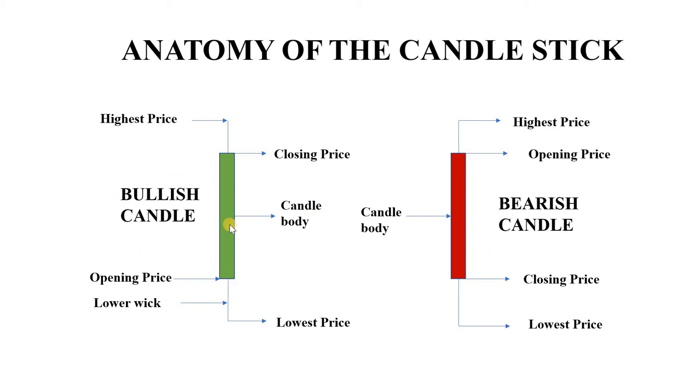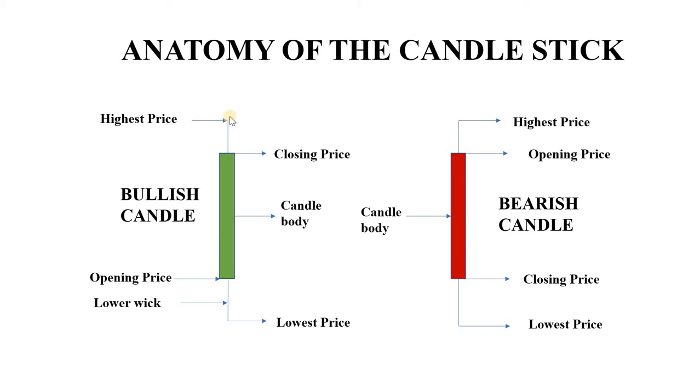These two candlesticks you are seeing represent the price of a particular currency, asset or commodity. When the price opened here, it means that it opened low and then it closes high. So we have the opening price and then the closing price.